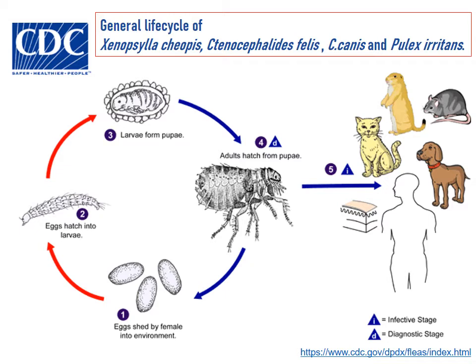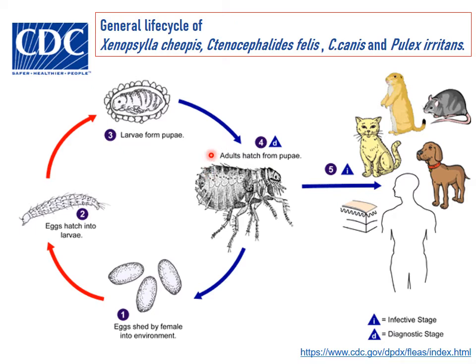This is the general life cycle of the rat flea, the cat flea, the dog flea, and the human flea. The egg, the larva, and the pupa all exist in the environment. When the pupa is matured, the adult flea is released.